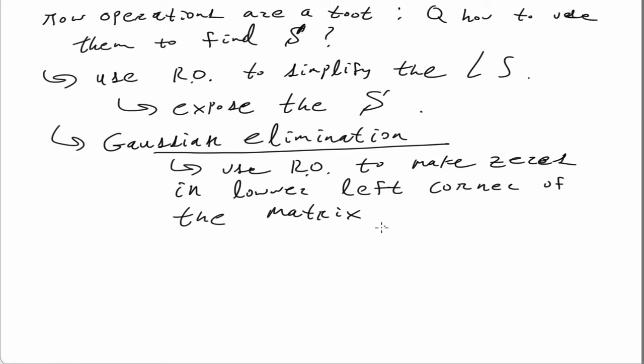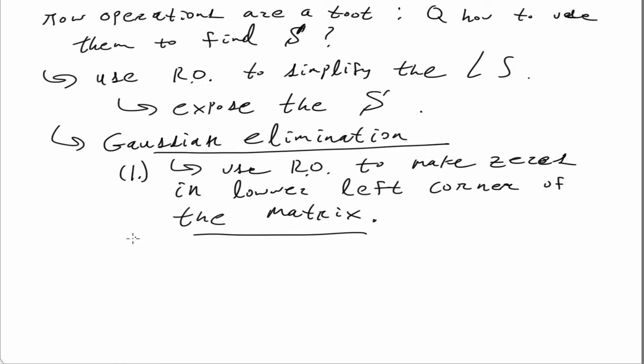Okay, and that's going to be the first goal. I'm going to call that goal 1. I'll talk about goal 2 in a second, but that's the first thing we need to do with this operation.